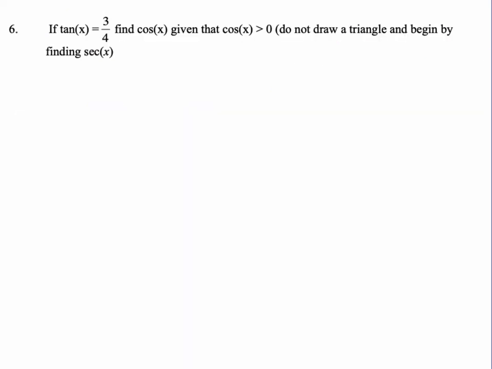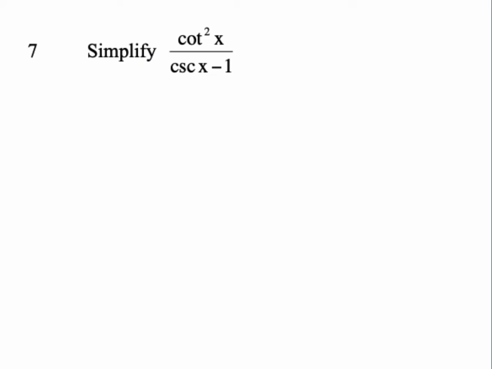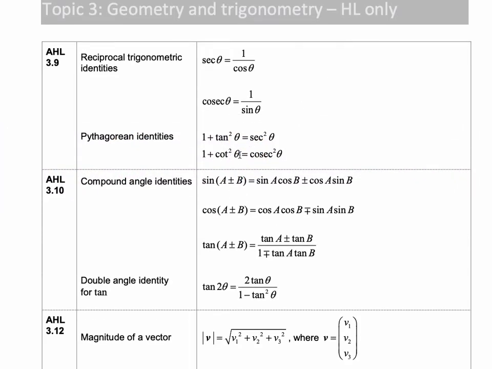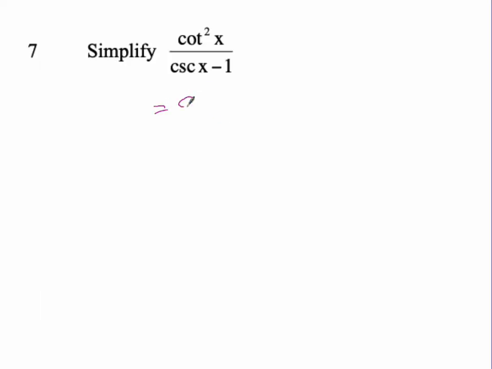Okay, next we're going to look at number 7 here. Actually, number 7 is pretty much the same thing, just using a different identity. So let's take a look at our identities for cotan. So we have cotan squared equals cosecant squared minus 1.